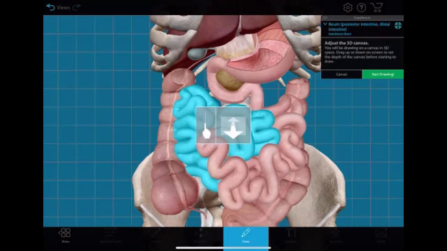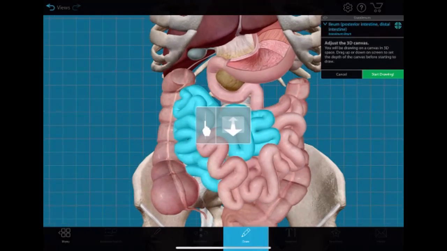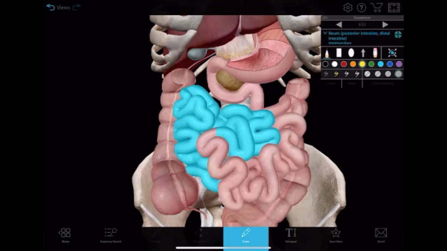I will draw. So this is the pylorus. From the pylorus to here is the duodenum.